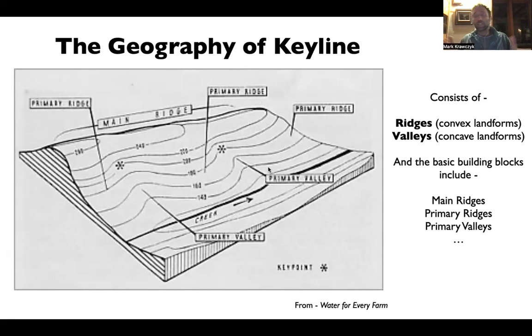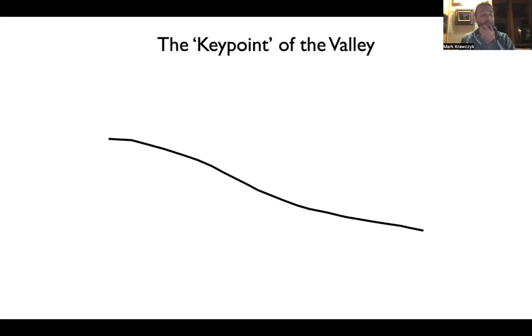And of course, in reality, things get more complex. We'll have secondary and tertiary ridges. Things don't necessarily translate exactly as it's laid out in this kind of simplistic way, but nonetheless, the pattern is very much consistent.